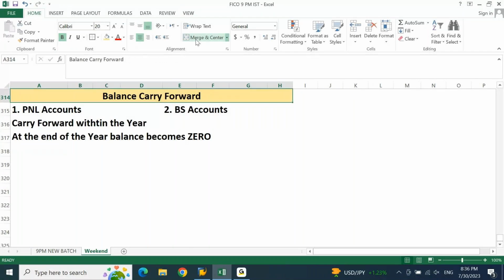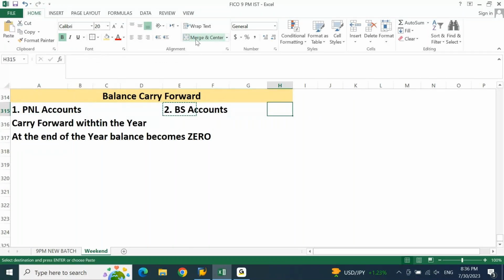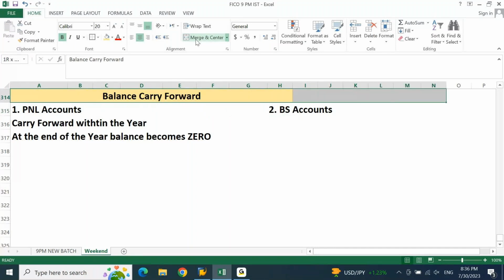This is for your P&L accounts. On the other side, for your balance sheet accounts, it's a different story.